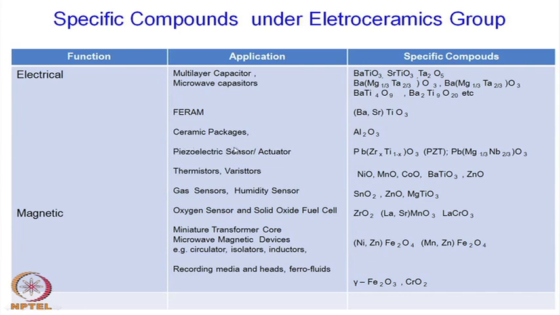Then you have ceramic packages. We will discuss what is the purpose of a ceramic package, how it is fabricated, and what are the basic requirements of a ceramic package. But for the time being, it is the insulating property of the ceramics which is utilized for ceramic packages. In fact, ceramic packages are used as an envelope for the silicon microchips.